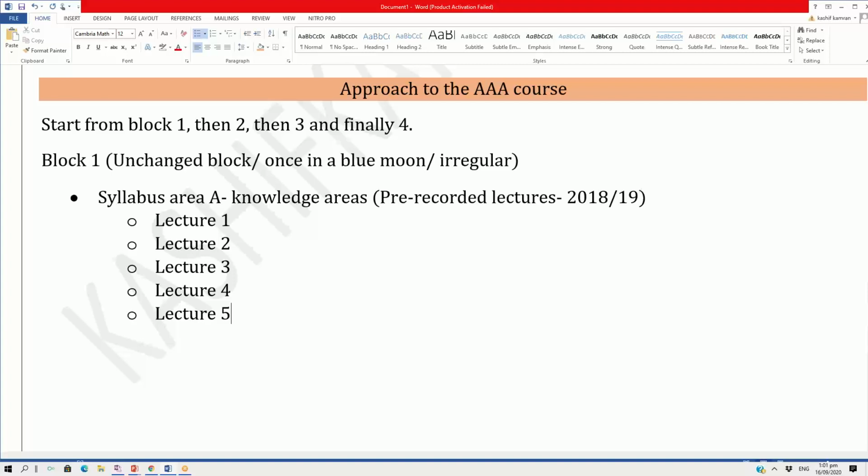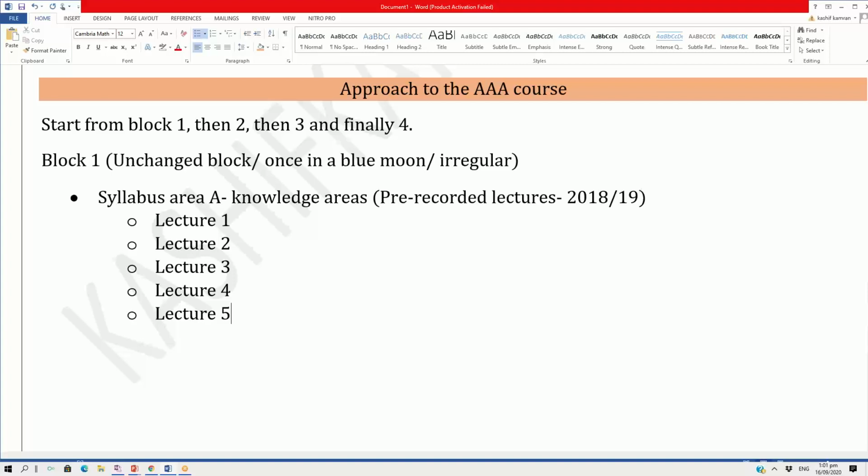Block 2, block 3, block 4 are up to date, rigorous, and recorded as of now. But block A is a block where I don't find any need of re-recording. My students have been using these lectures for preparing for exams in March 2020, June 2020, September 2020, because there is no change in this block in terms of marking schemes or contents.